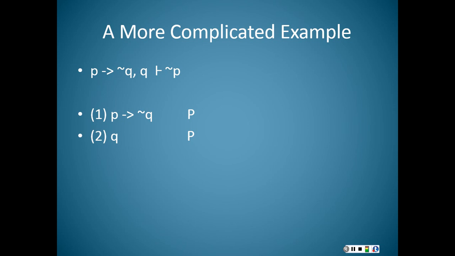So since the consequent on line 1 is not Q, the negation of not Q would be not not Q, or tilde tilde Q. But what we have on line 2 is just Q.